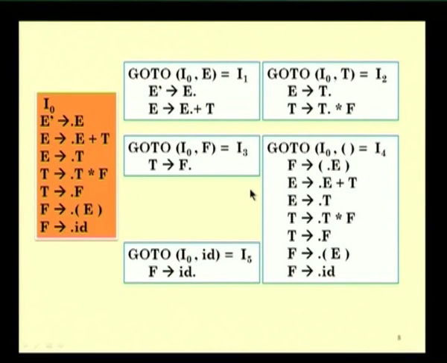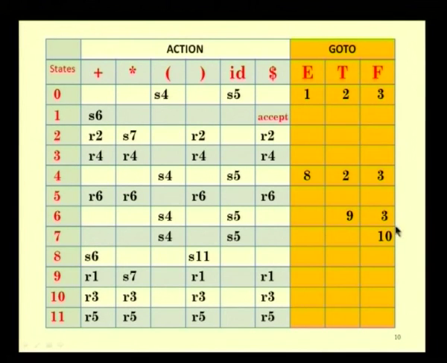And here we find that 4 comma E continue with 8, 4 comma T continue with 2, 4 comma F continue with 3, then 6 comma T continue with 9, 6 comma F continue with 3, 7 comma F continue with 10. That is all. So this is how the goto entries are obtained from these LR(0) items. So we have the last entry, which is from the 7th state for the variable F.